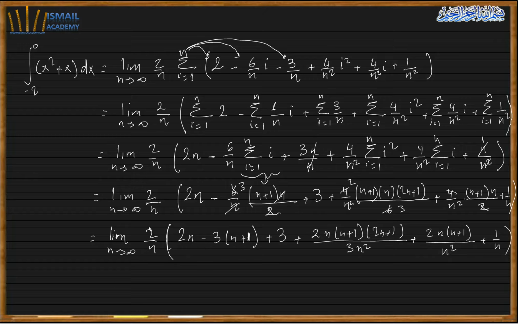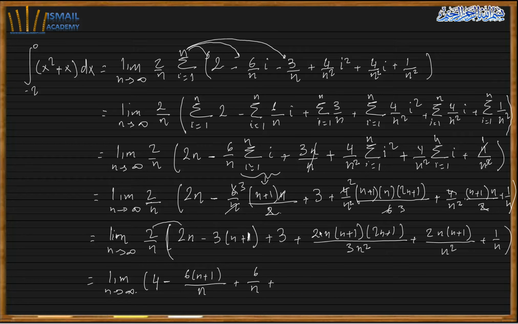Now what I do, I distribute the n here, so I get the limit when n goes to infinity. I distribute the 2n, so 4n over n, it's going to be 4. So here I will have minus 6(n plus 1) over n, plus 6 over n.